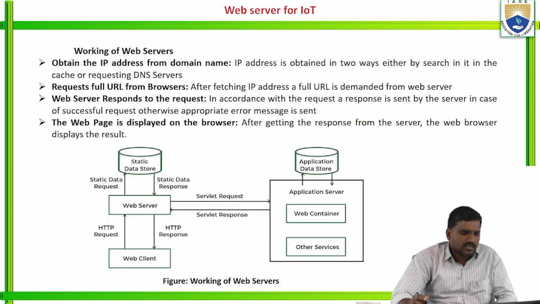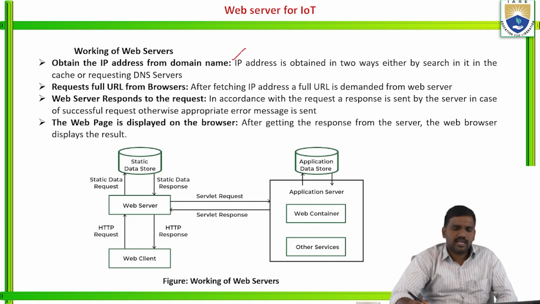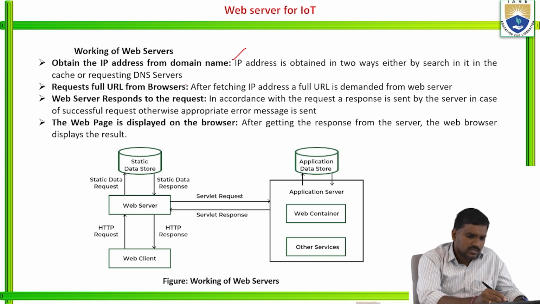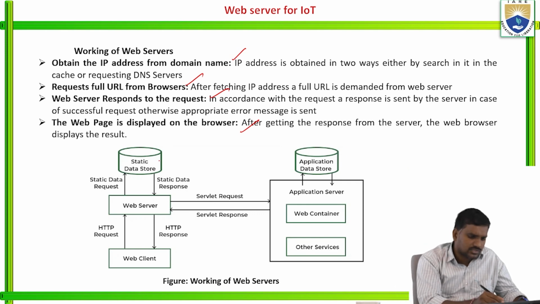The next one, working of web server. In order to understand the working of a web server, we have different steps here. First, obtain an IP address from the domain name, then request the full URL from the browser, then the web server responds to the request. The last one, the web page is displayed on the web browser. These are the four steps of the working of a web server, from static data store to application data store.